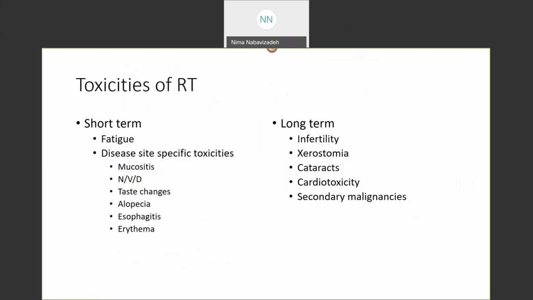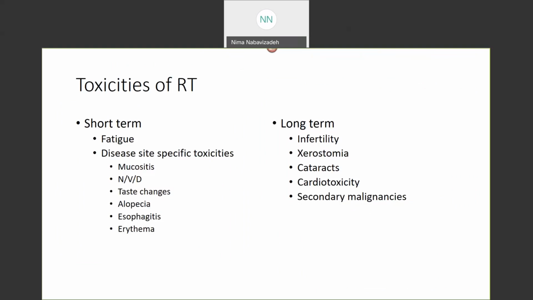So for the toxicity of radiation, for all radiation treatments, there are short-term and long-term toxicities. Since lymphoma develops in almost all parts of the body and all organs, most of the toxicities are disease site specific, obviously. So for patients who have head and neck lymphomas, we talk about mucositis, taste changes, esophagitis.